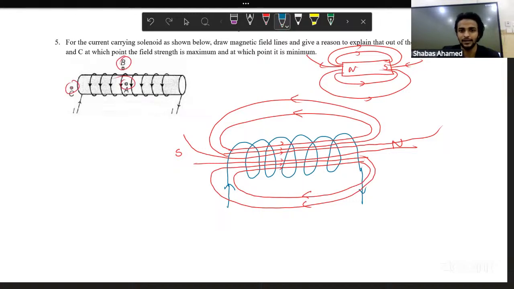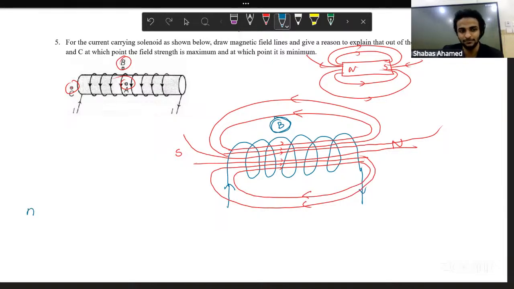At the point B, the number of field lines is very small. If the number of field lines is more, or the field lines are denser, the magnetic field strength is maximum there. But at the point B, the number of field lines is very small, so we can say at the point B it is minimum.